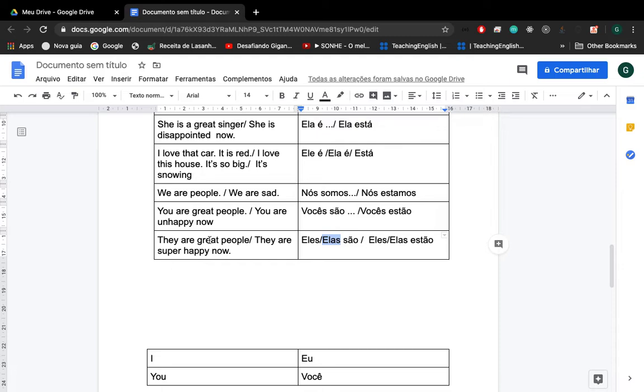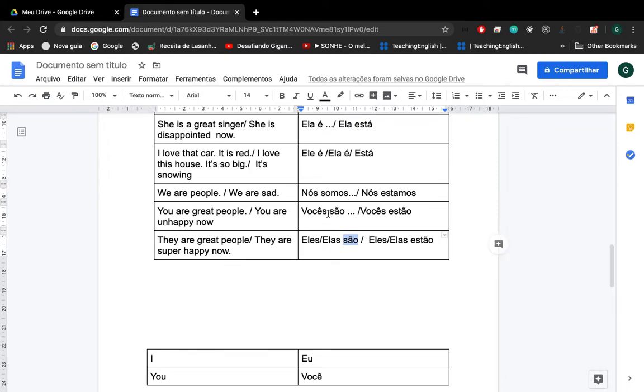Okay? Now, about the fact that they are great people, it means it's not supposed to change, right? They are great people. They're going to keep being great people for the rest of their lives. So, eles são or elas são. Okay?